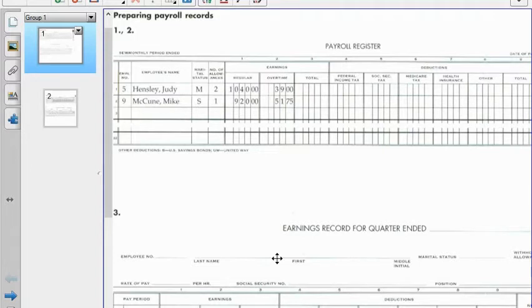It says nobody has earned enough to go over that tax base. Again, that tax base is in the 132, 137,000 range, depending on your actual year. So everybody's going to be subject to Social Security tax. Looks like each employee has $60 taken out for health insurance and $15 for U.S. savings bonds. So that may go in the other column.